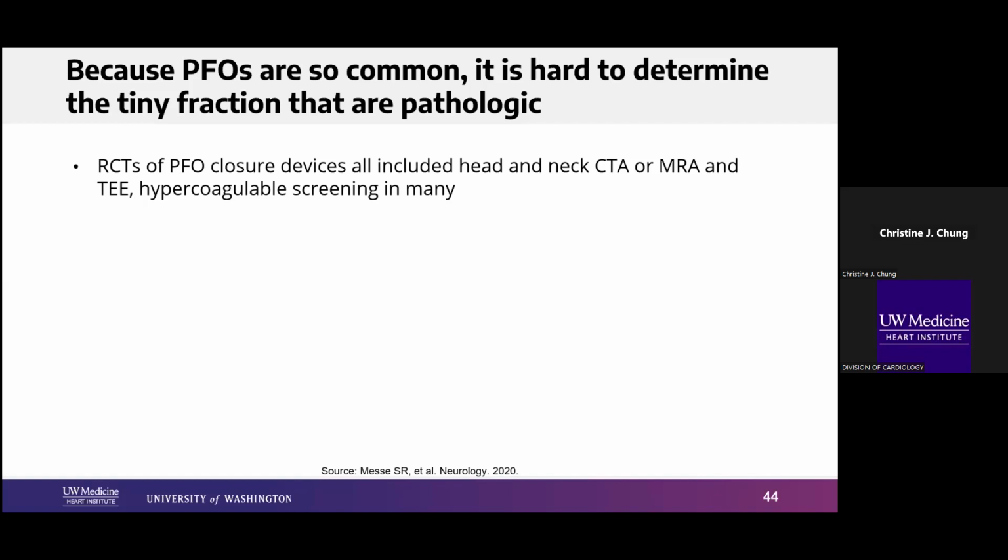So the best randomized controlled trials of PFO closure were extremely stringent in their inclusion criteria, really seeking to filter out patients that had stroke related to other causes. So all of the major pivotal trials included intracranial imaging, looking for intracranial athero.